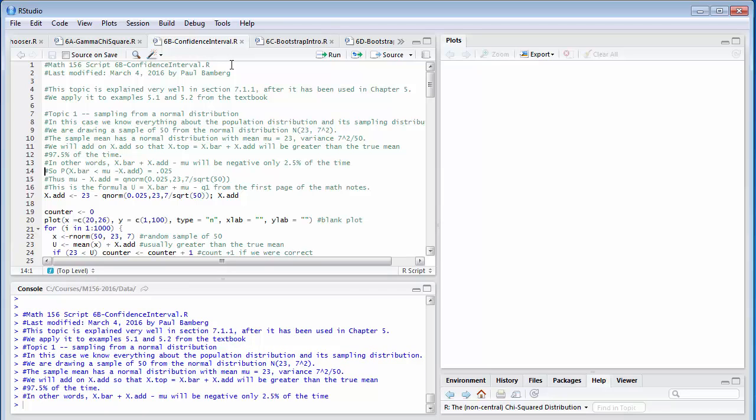In order to do that, I have to be sure that the probability that the sample mean is less than mu, the true mean, minus the quantity I added on, is going to be 0.025 or less.